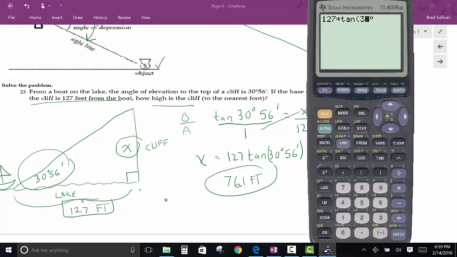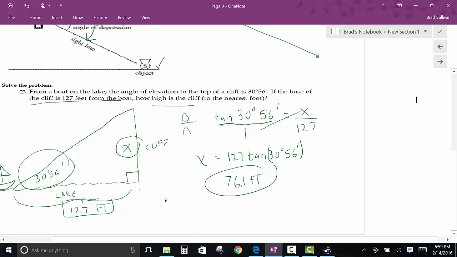So that's going to be 30 degrees, like that. Okay, and then we put in the 56. Then you can go second apps, and then go down to the minute mark, and go like that. Okay, you can do it that way too if you want to, but to me it takes more time to find all your buttons and press all those keystrokes, so I don't ever do it that way.